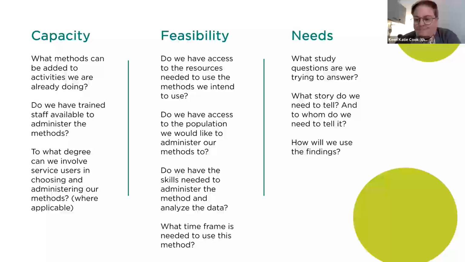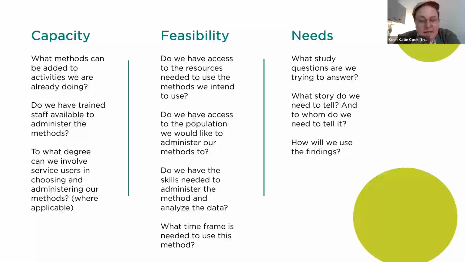So for capacity, over on the far left of this slide, we need to look at the capacity that exists within your organization or your specific project for using or adapting specific methods for your needs. This can include asking questions such as, first of all, what methods can be added to activities that we're already doing?